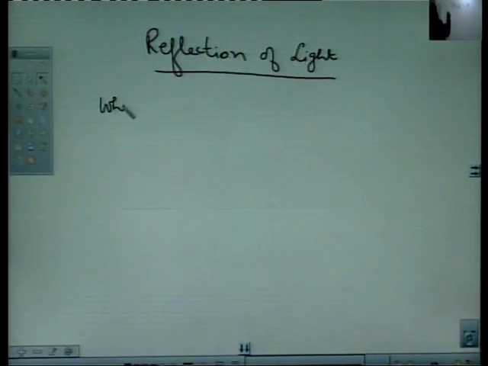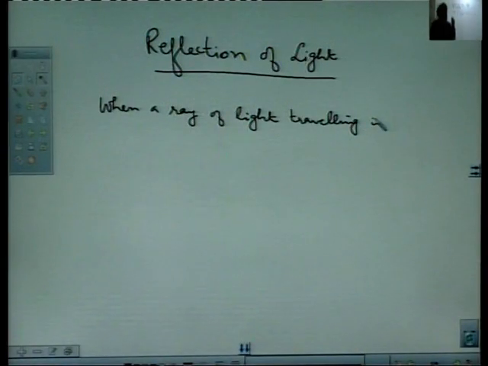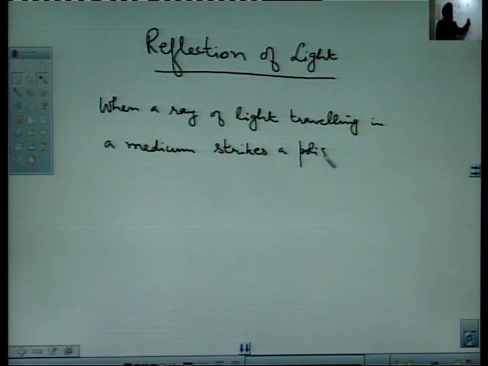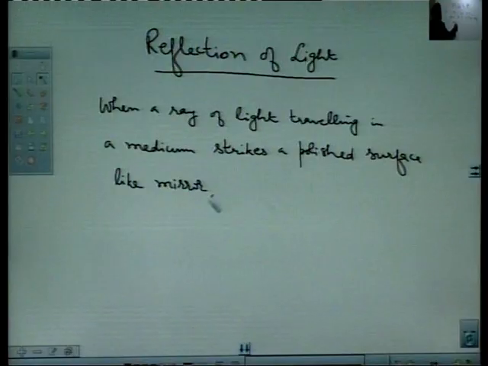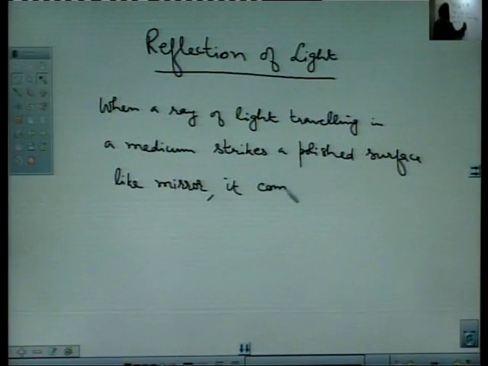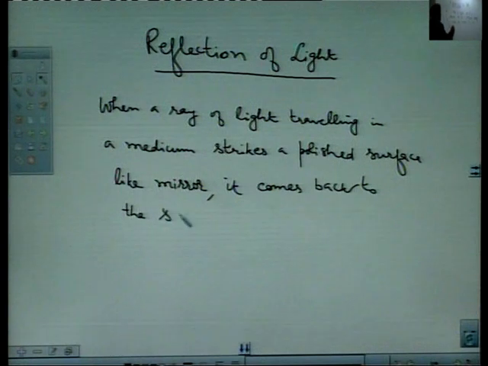When a ray of light traveling in a medium strikes a polished surface like mirror, it comes back to the same medium.